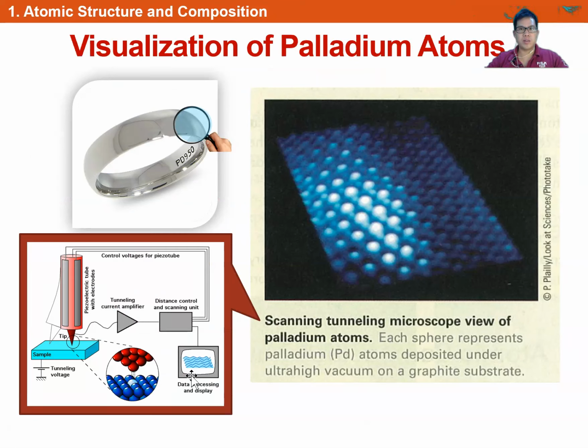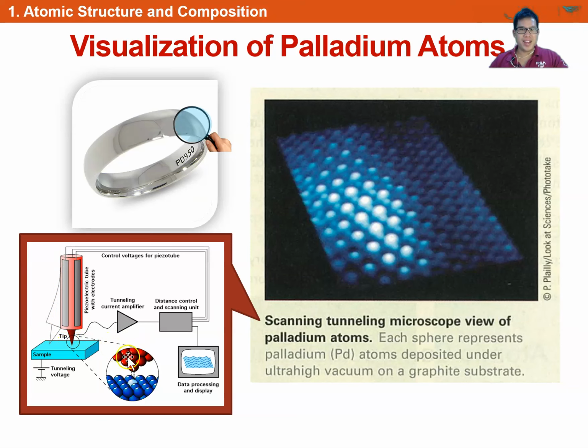All these theories are backed by evidence, for example the scanning tunneling microscope, which uses a probe to scan the surface of a sample. You can see the probe scanning the surface.